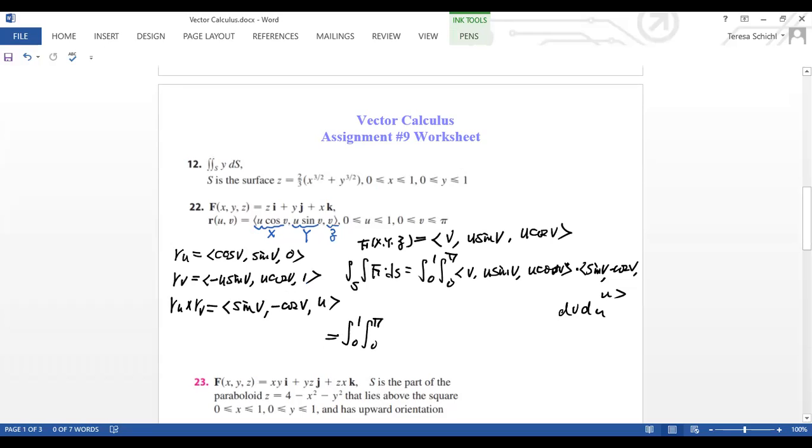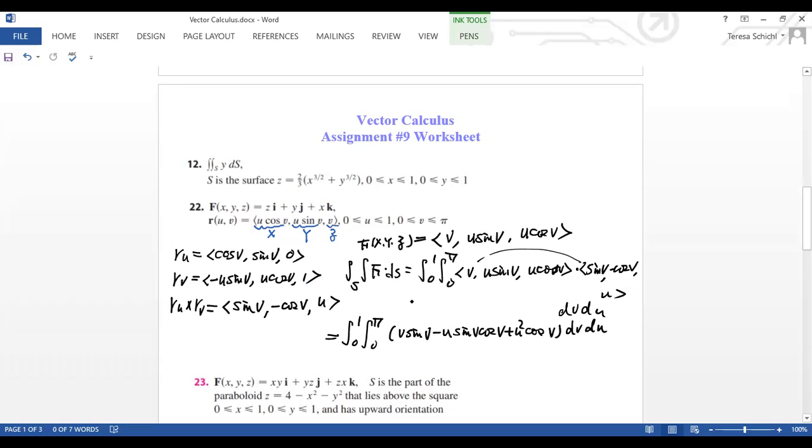You do the dot product: first times first, second times second, third times third, and add it. So you will have v sine v minus u sine v cosine v plus u squared cosine v. Then you do dv du.